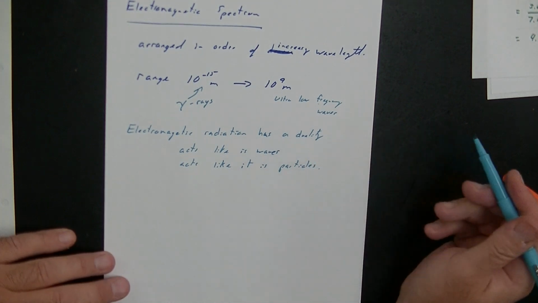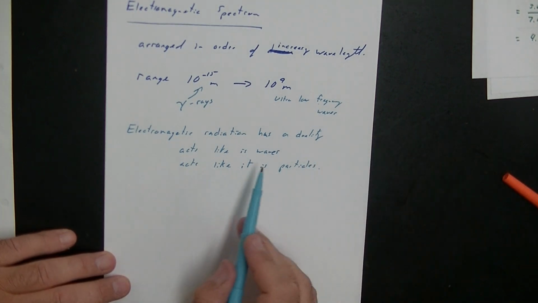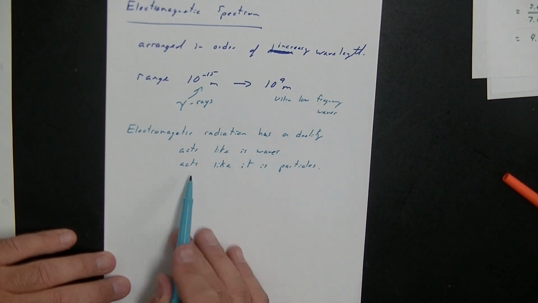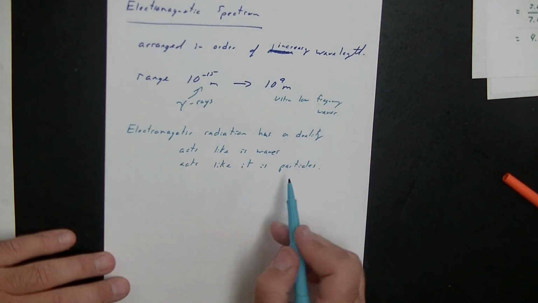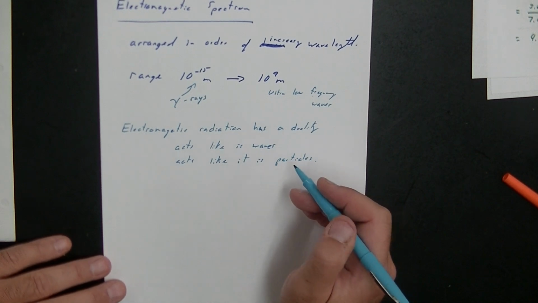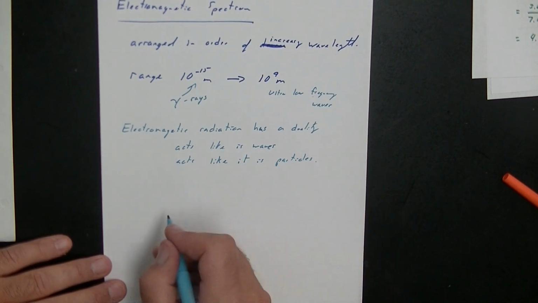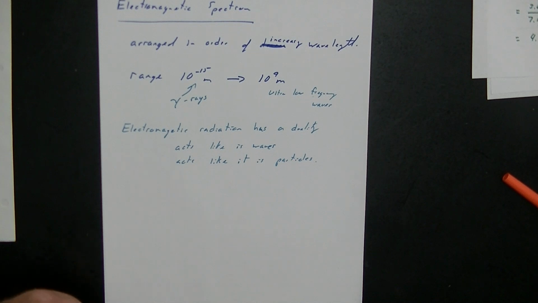So you may have heard of the duality of light. Light sometimes behaves like a wave, but sometimes it behaves like particles. All electromagnetic radiation has that duality. So our electromagnetic radiation is made up of photons.